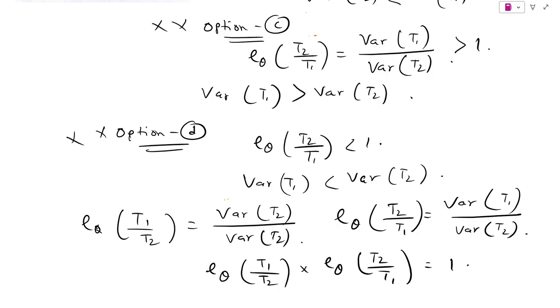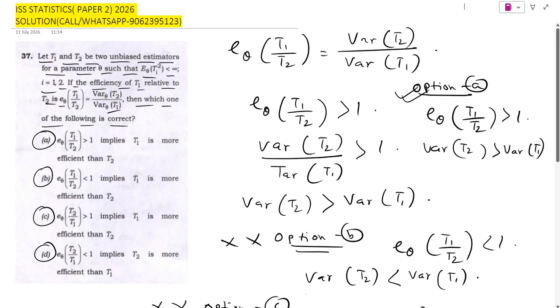So this is 1. This reciprocal property is frequently asked in competitive examinations. So our final answer was what? Option A. So option A is the final answer.